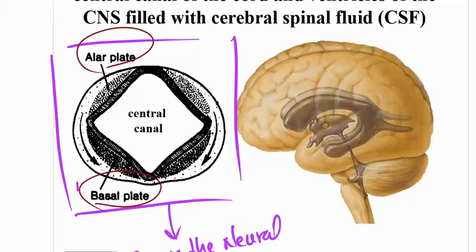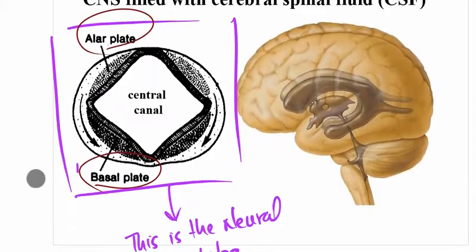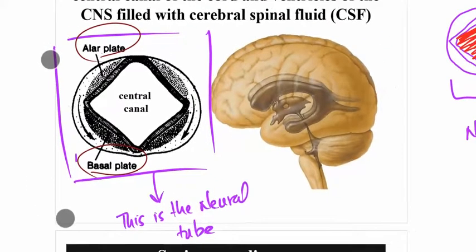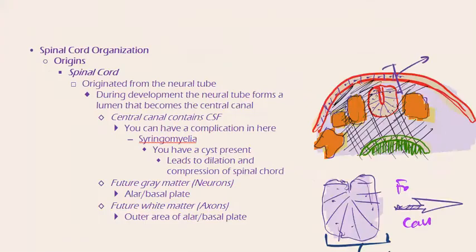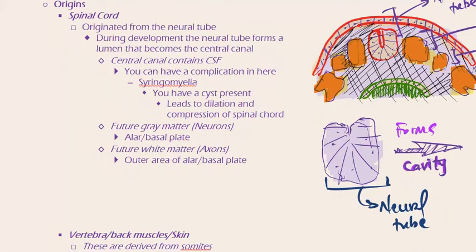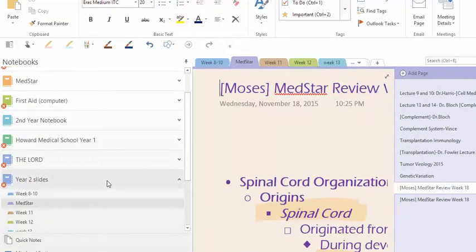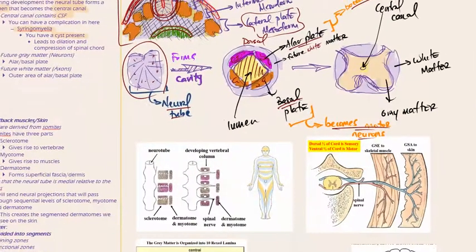So the alar plate is going to give rise to your sensory neurons, and the basal plate is going to give rise to your motor neurons. Okay.